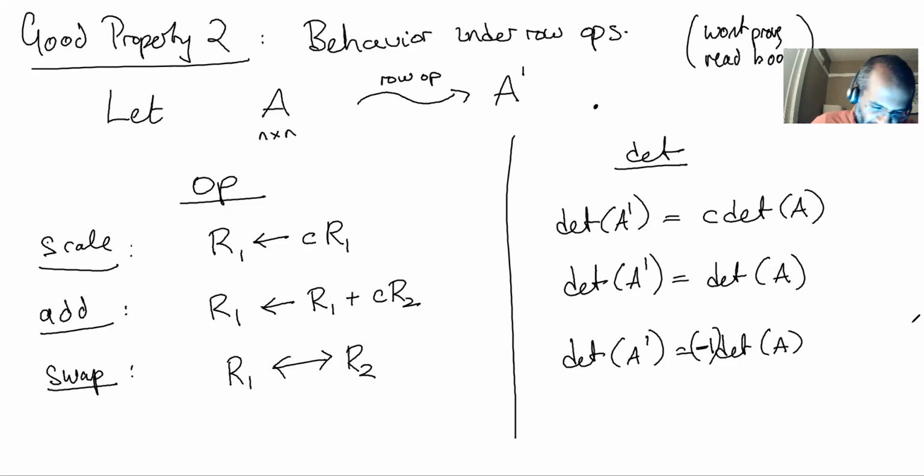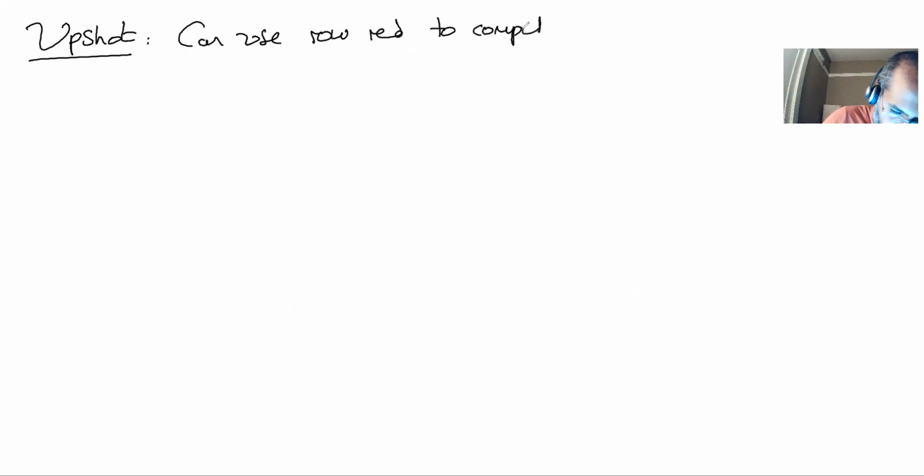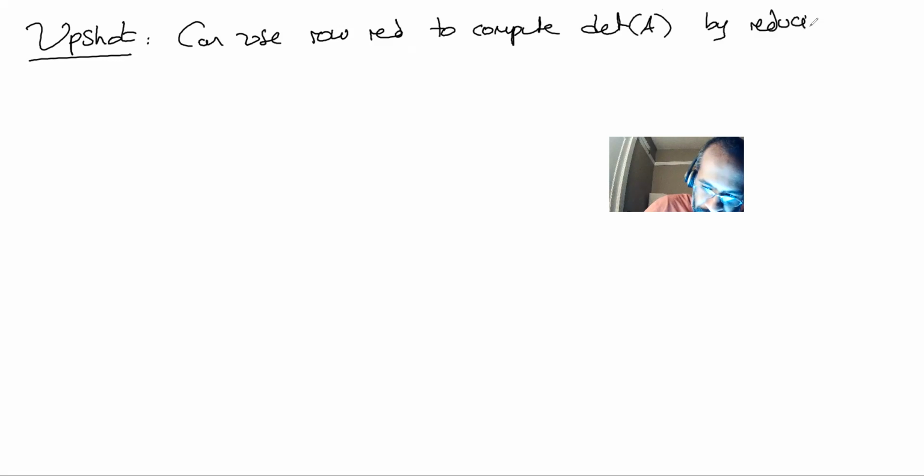Okay, so the upshot of this: you can use row reduction to compute the determinant of any matrix by reducing it to row echelon form, to REF, and that REF is now upper triangular.